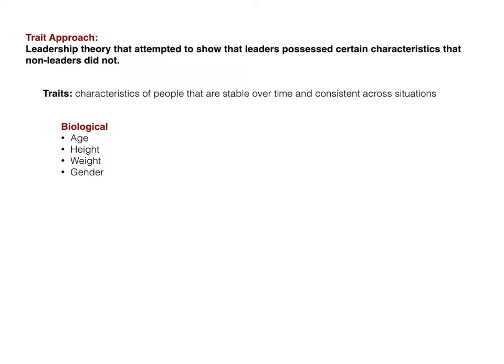Do taller people make better leaders than shorter people? Are women better leaders than men? And so forth. Second category studied is personality traits such as extroversion, self-esteem, neuroticism, sociability. So there's certain personality that lends itself to leadership better than others.